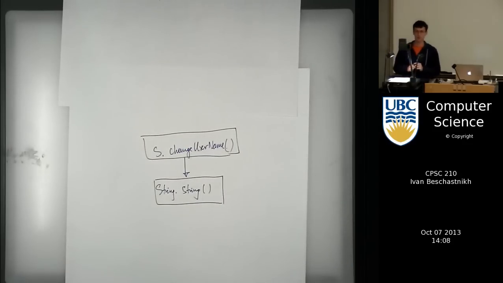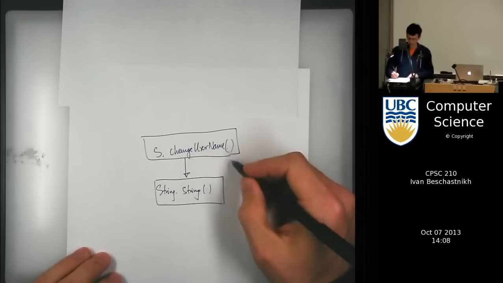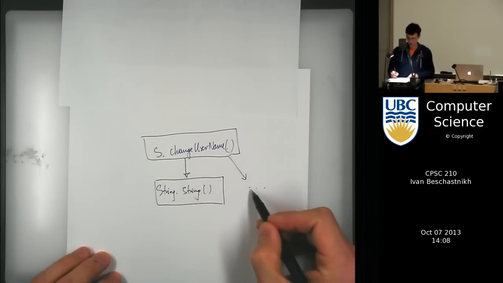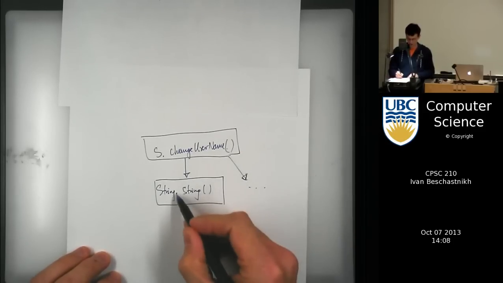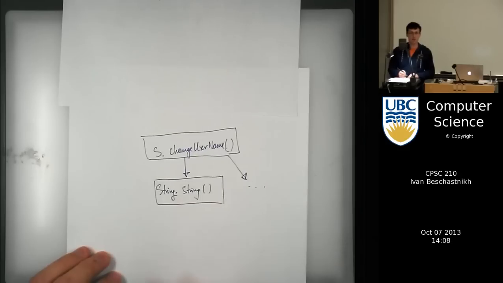So a constructor is just another method. It's a special method, but it's treated as any other method. Right? So I would call this guy, maybe I would call some other ones. And since string is in the Java library, we're not going to continue this on because we don't expect you to look inside of it.